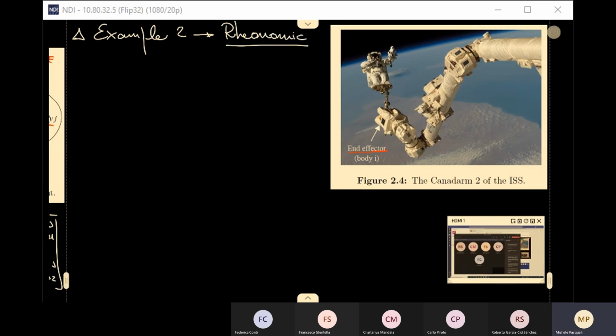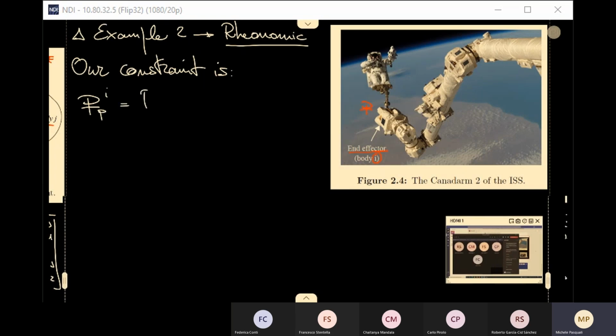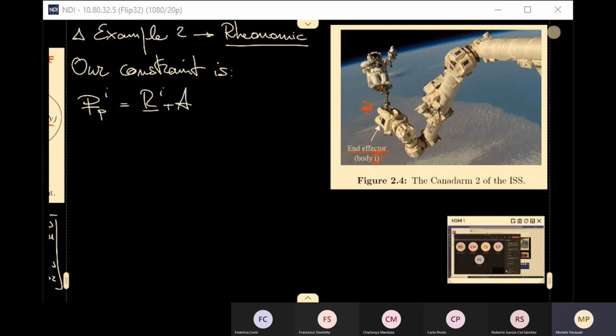And why is that? Well, because if you think that, for example, this is our point P, and this is our body I, your constraint is the position of point P with respect to body I, which is equal, as we said, to Ri plus AI applied over R0 Pi.